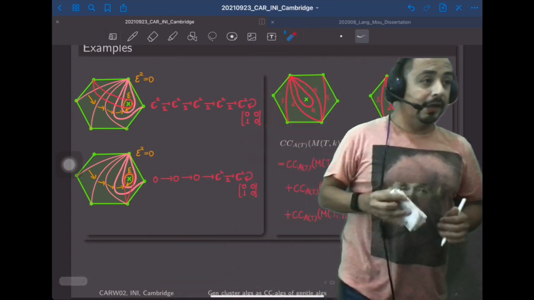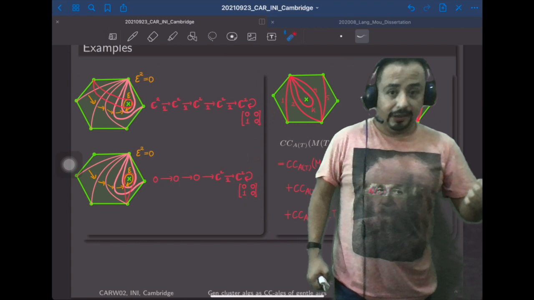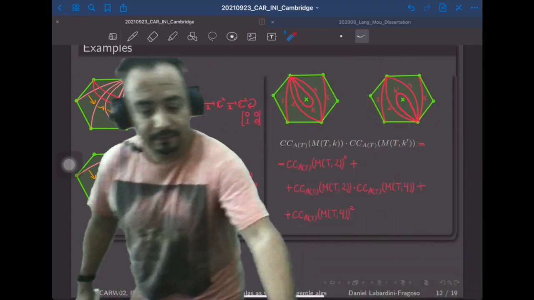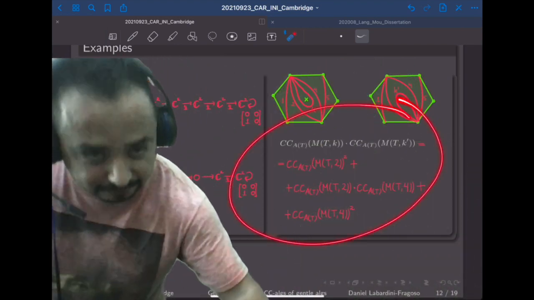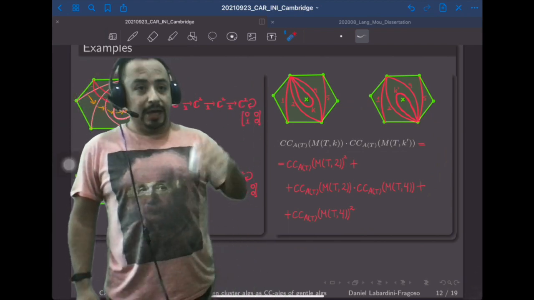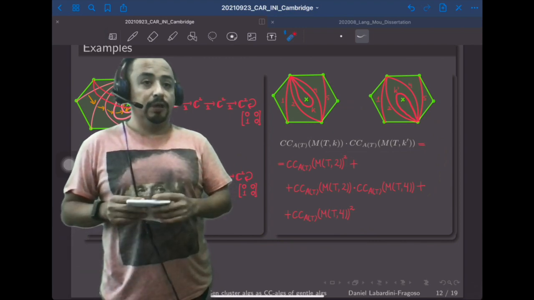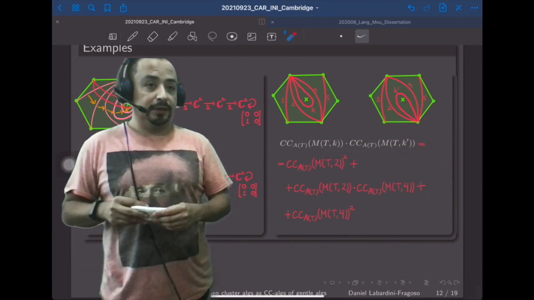So in that case, yes, it can be applied, and at least in the work with Diego, we really relied very essentially on that.